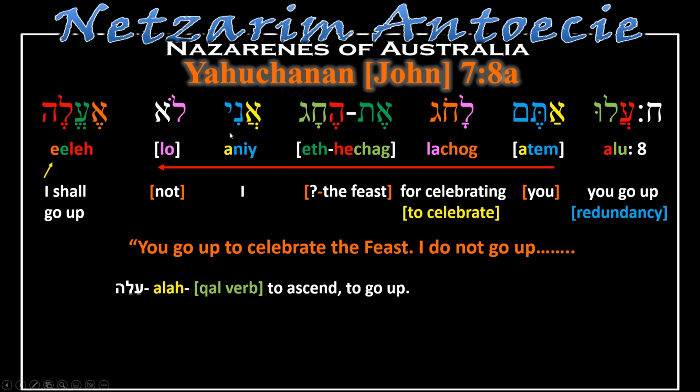Ani, I, lo, not, ele, I shall go up. Again, because the aleph is in the front, it sort of makes it an imperfect form.